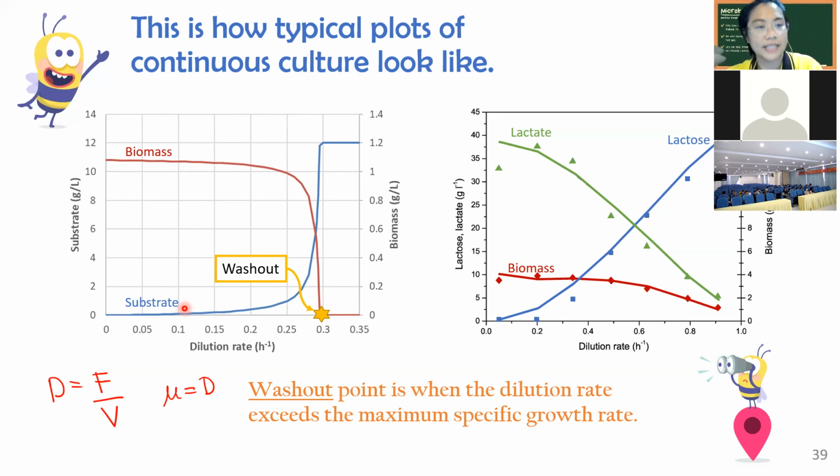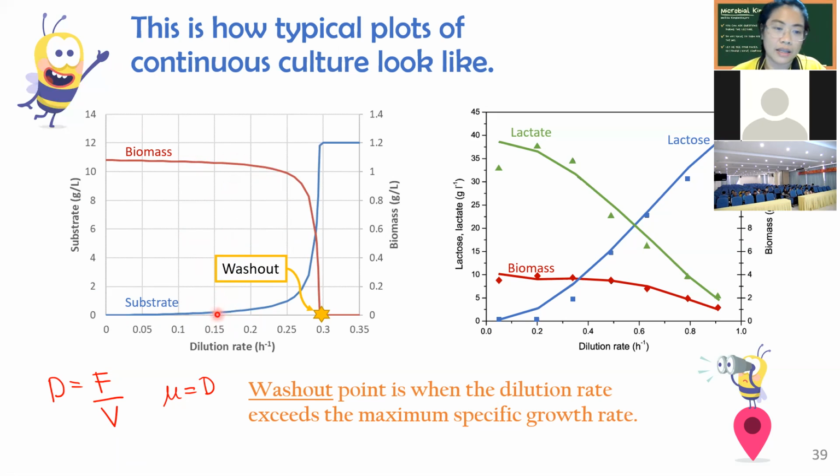Of course, you still have cells growing, but they have less time to use the substrate. So when the steady state is reached, you get an increase in the substrate concentration and a smaller biomass concentration.